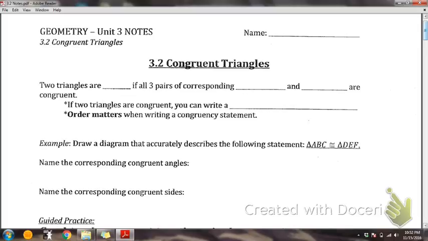So we would say that two triangles are congruent. Remember, congruent means same shape, same size.